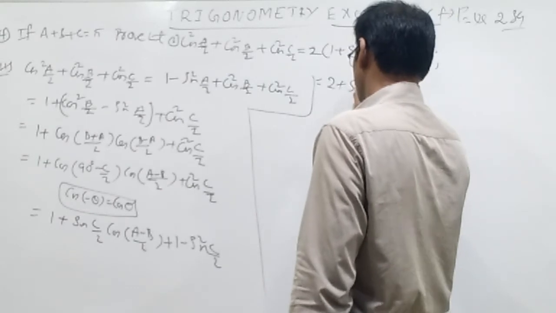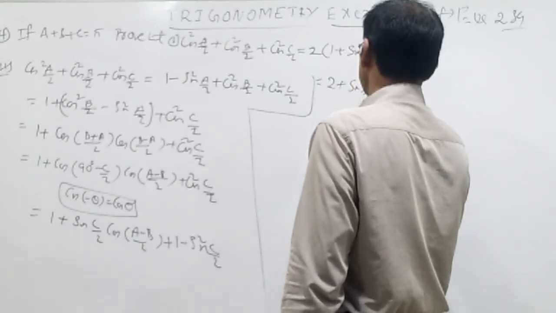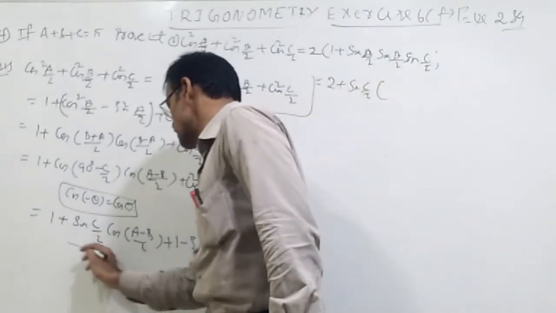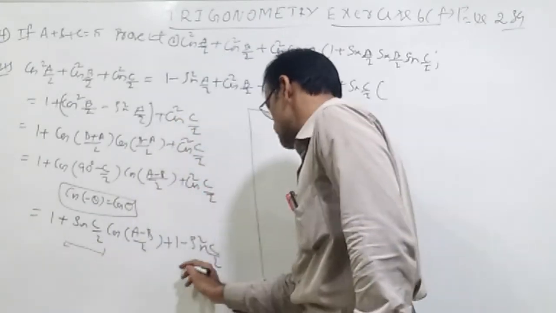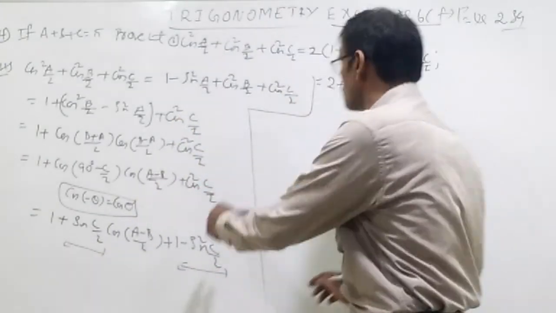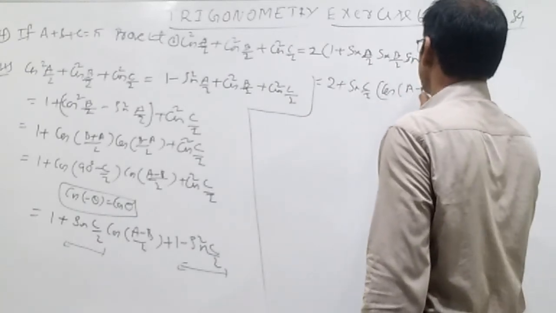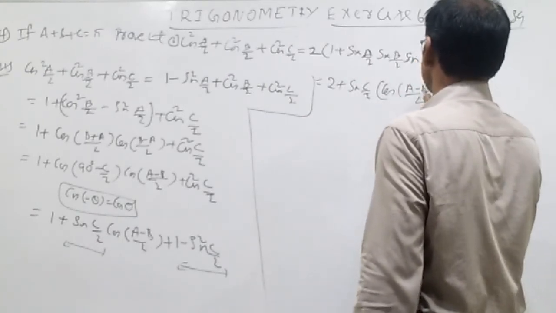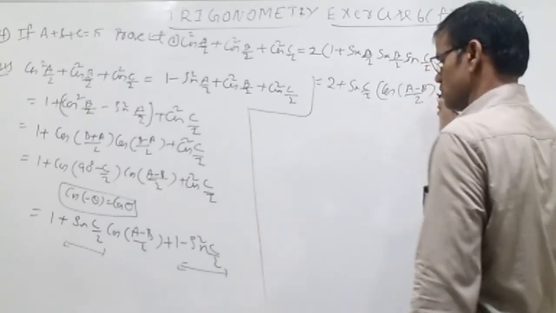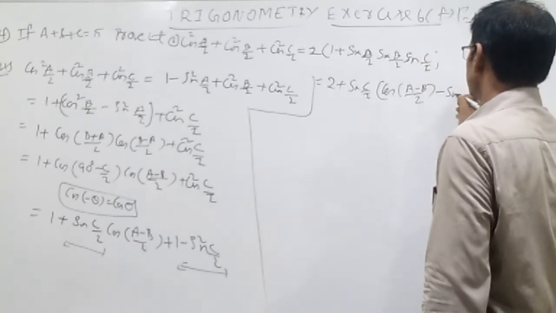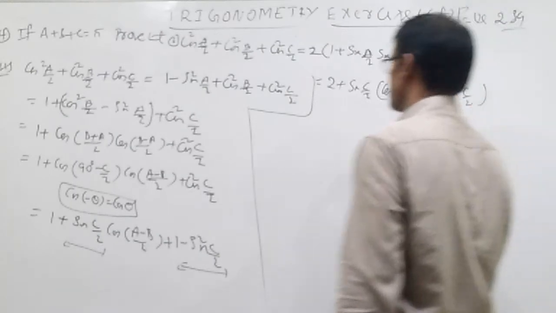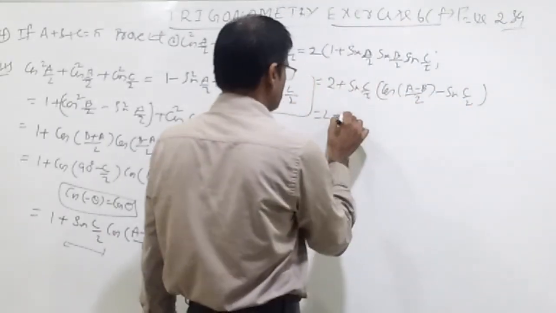In these two terms, take sin c by 2 common. So within the brackets you can write cos a minus b by 2 minus sin c by 2.